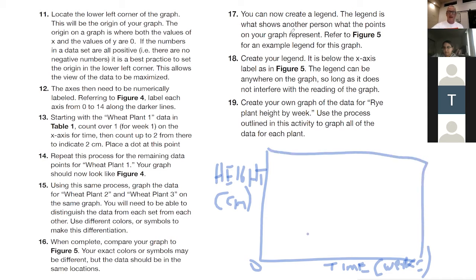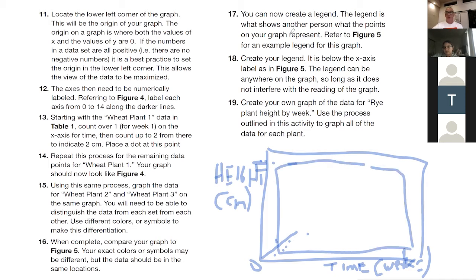I don't want to have all my data down here and a line, and then the rest of it is blank, because then it's really hard to see what kind of job you've done. So you want to have the maximum height to be about here, and the maximum time to be about there. That way you fill in nicely the whole area with your data. So don't just squeeze it all into one group.